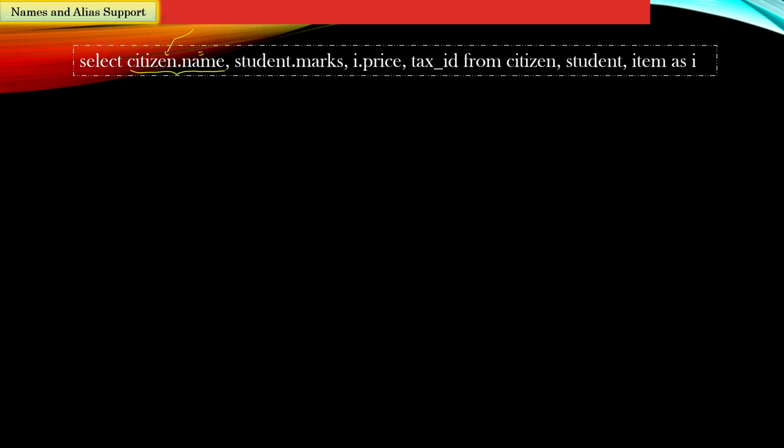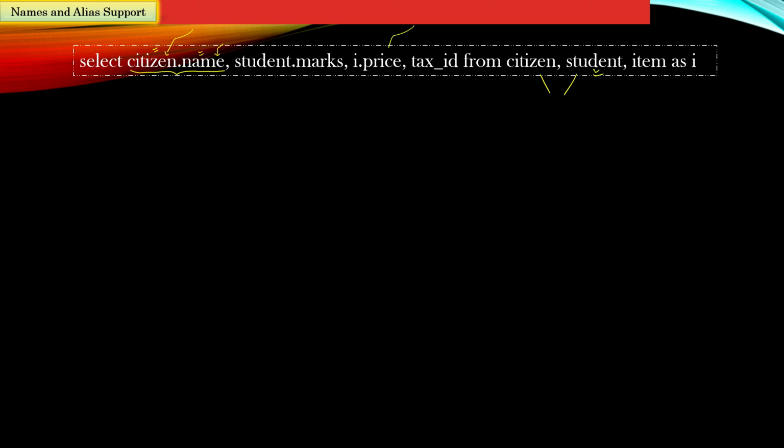If there are two tables and both tables have a column called name, then in order to break this ambiguity, the SQL user can specify the column name prefixed with their respective table names. So now it's clear that this name value has to be picked up from the table citizen rather than from the table student.